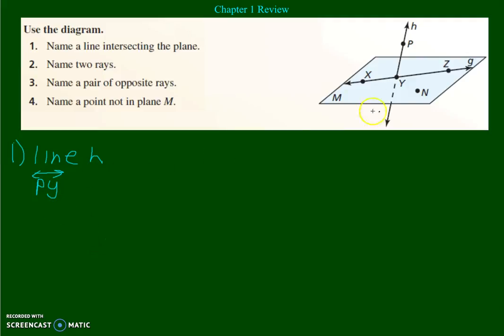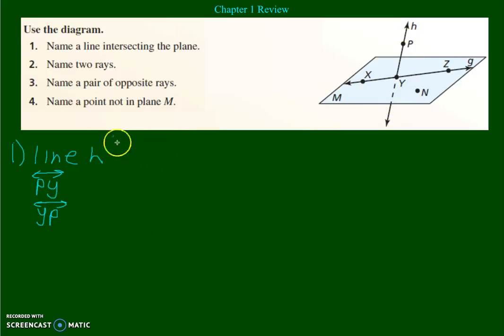We could also flop these points, and call this YP with the line symbol over top. This is read line PY or line YP. Because lines go on forever, it includes either point, so it doesn't matter which one we pick where.